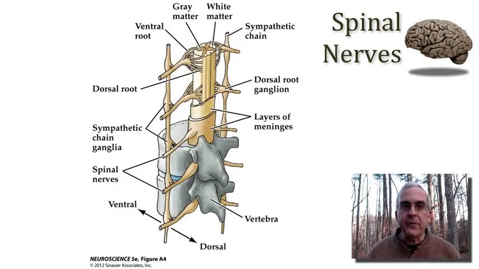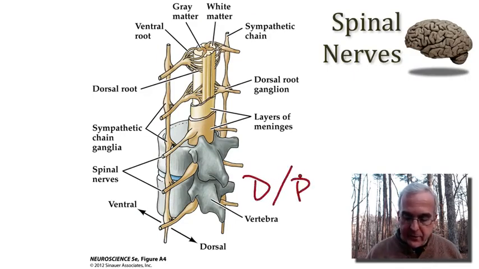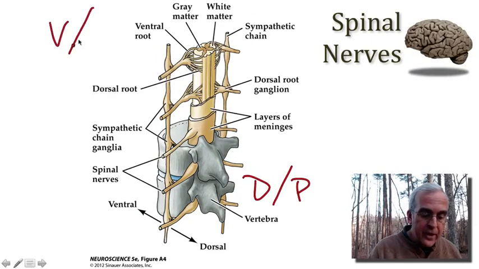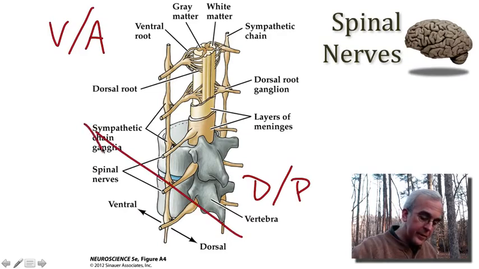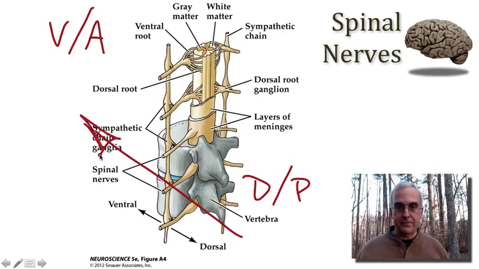So I'd just like to make a few points as we look a little bit more closely here at the vertebral column. What I want you to notice is that the dorsal or the posterior aspect of the vertebrae is off to the right, sort of coming at you, and the ventral or the anterior aspect is to the left, with the dorsal ventral axis running something like this through this illustration.